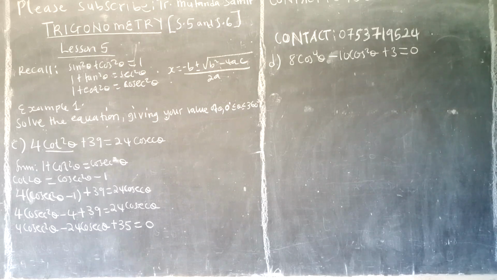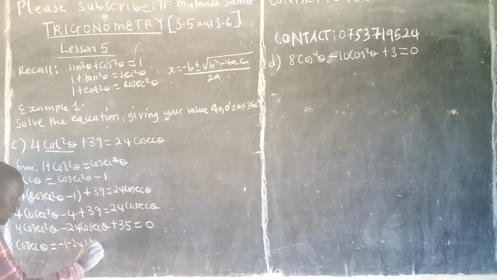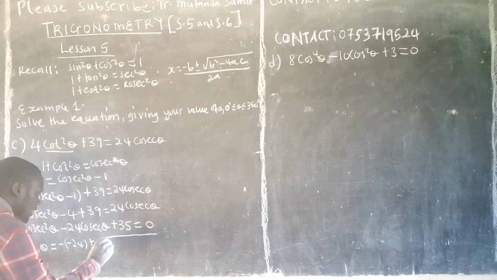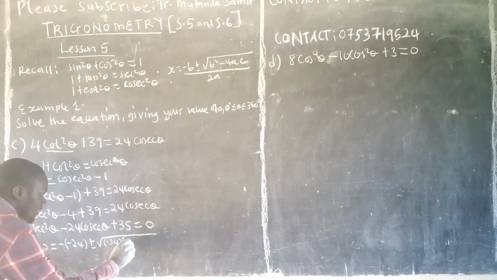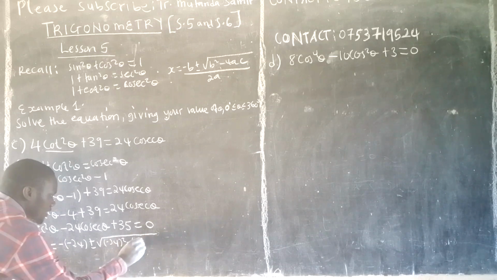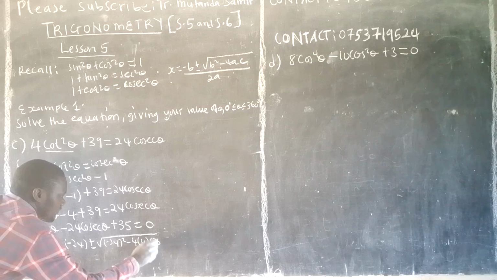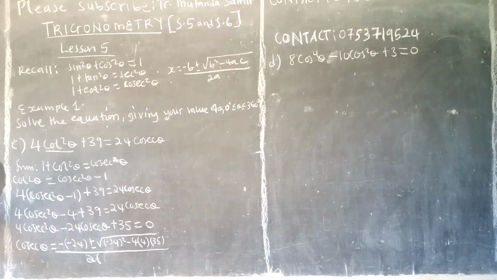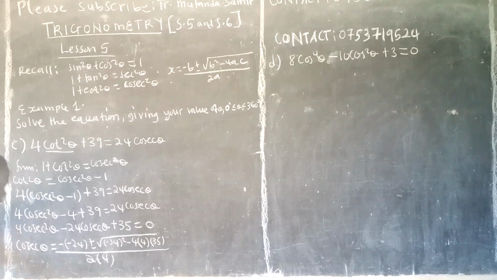Okay, good. Now from there, let's go via the formula. So cosec theta is equal to negative, negative 24, plus or minus the square root of negative 24 squared minus 4, A which is 4, C which is 35, over 2 into 4.